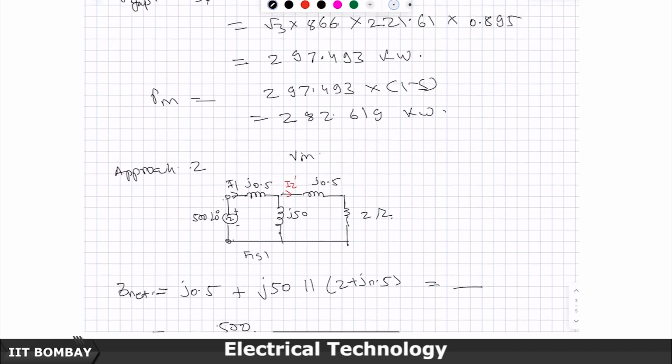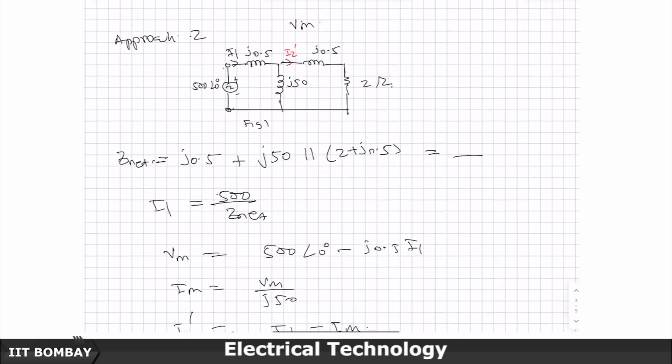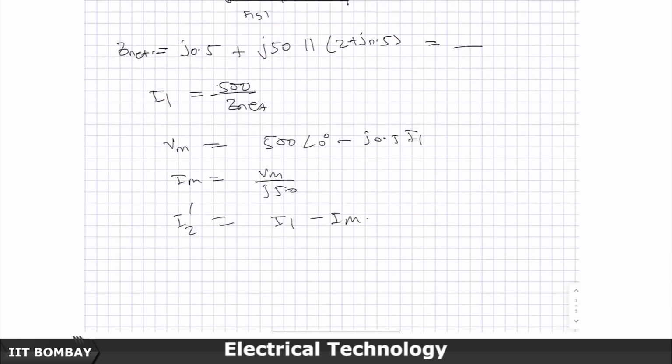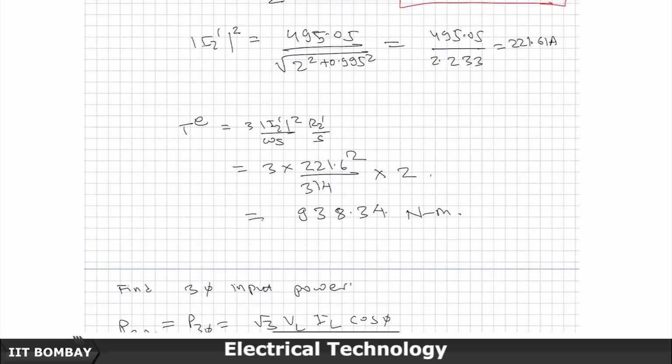Compare this with 221 amperes. This 221 has become 223, and R 2 dash by S is the same. Let us do it for the fun of knowing the exact values.